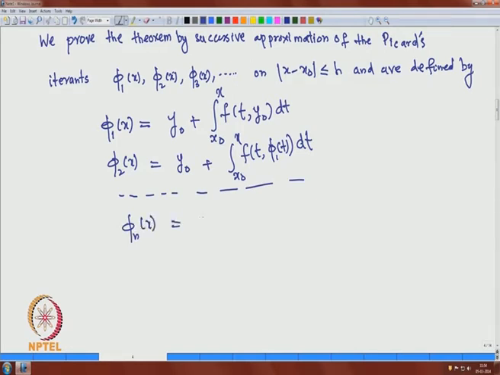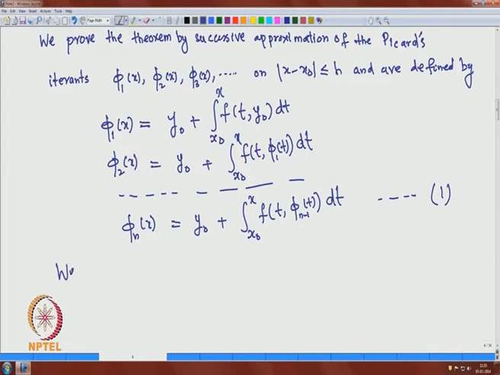So, phi n of x is y0 plus the integral from x0 to x of f(t, phi n minus 1(t)) dt. Call this equation 1.